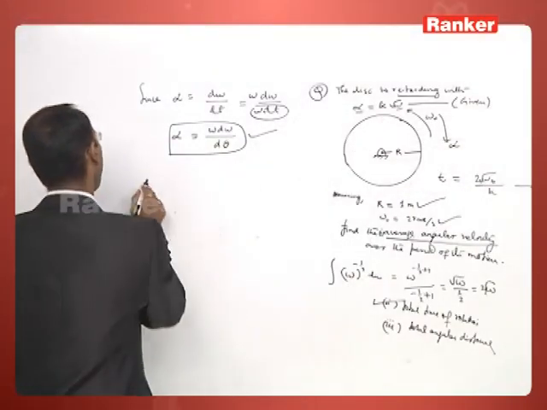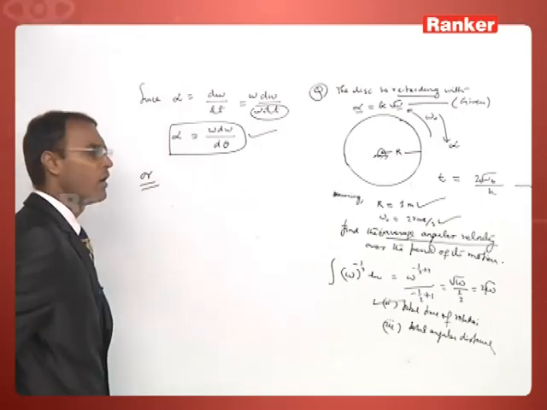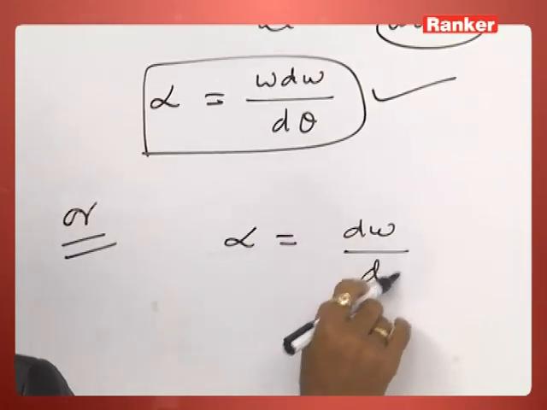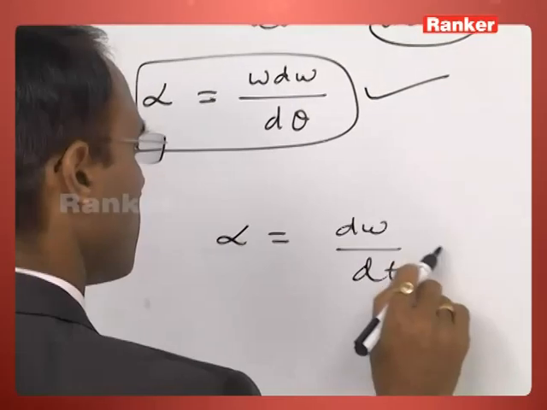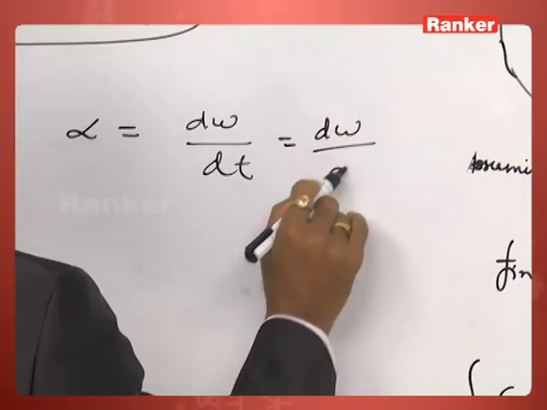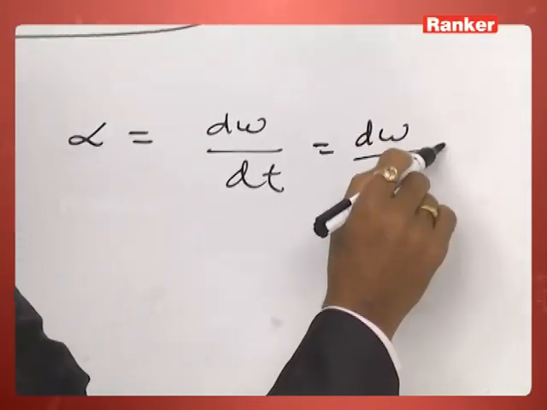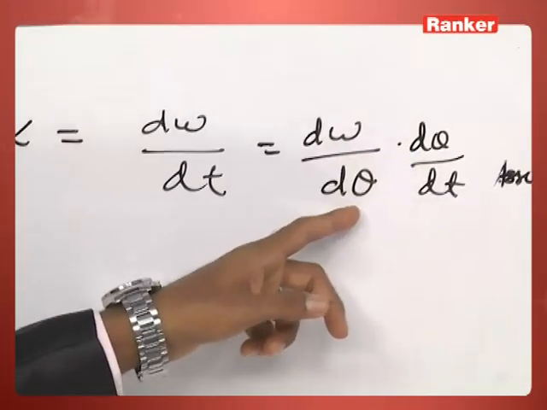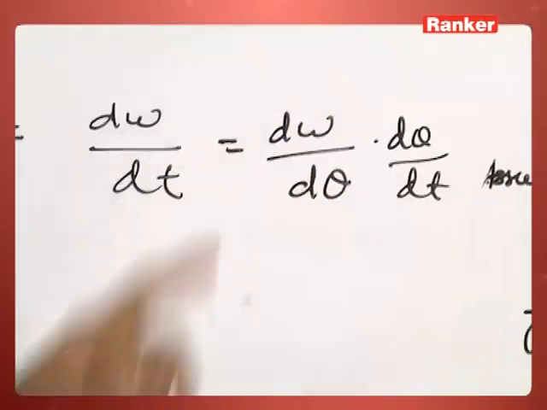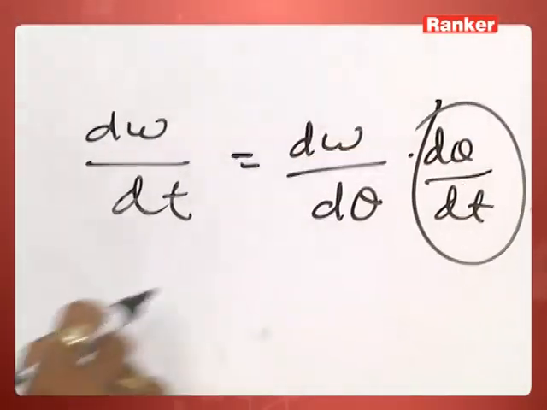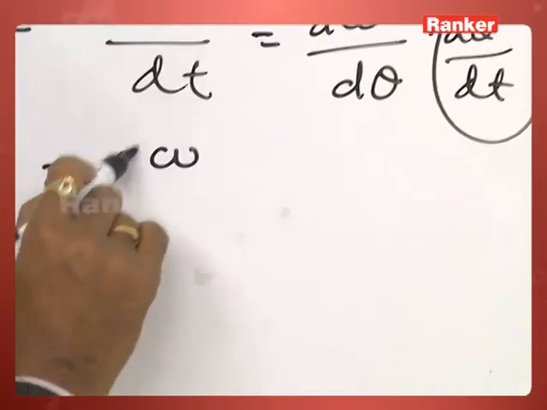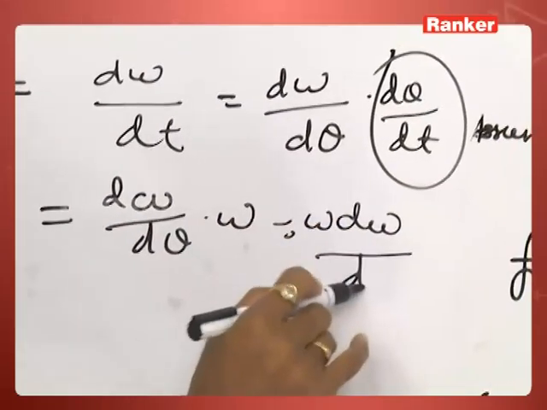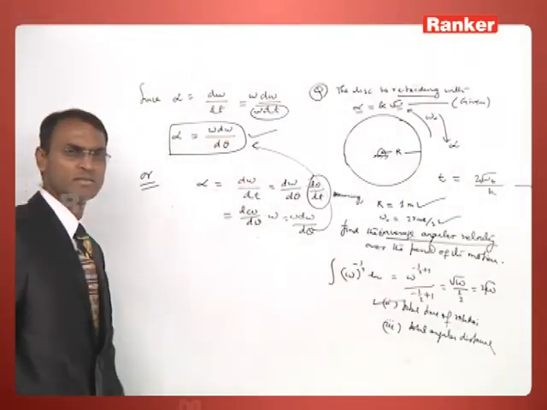Or alternately, we can write alpha equal to d omega by dt as d omega by d theta into d theta by dt. Multiplying both numerator and denominator by d theta, d theta by dt we can write as omega. So we will get omega d omega by d theta. Same expression you are getting.